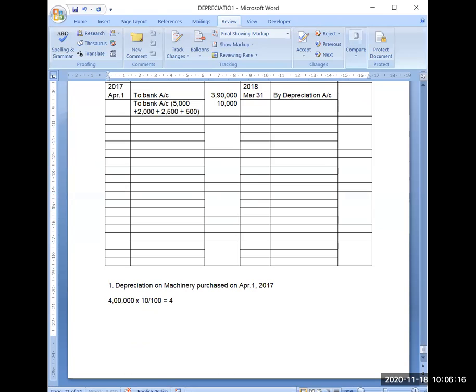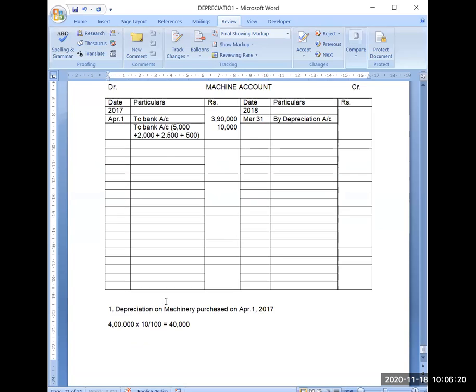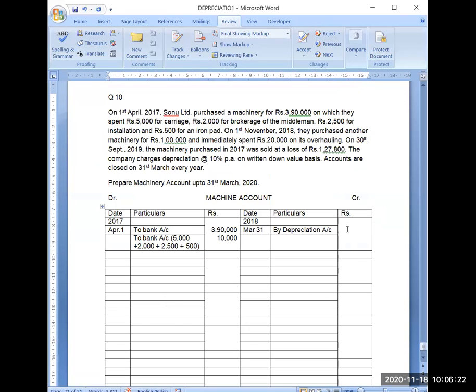And for 1 year, its depreciation will be then 40,000. Then by balance carried down, the total will be 4 lakh.